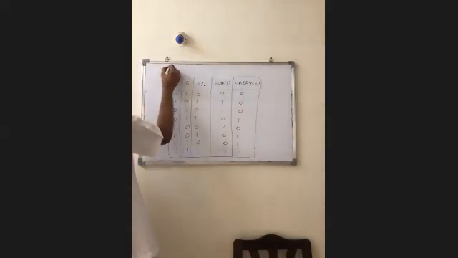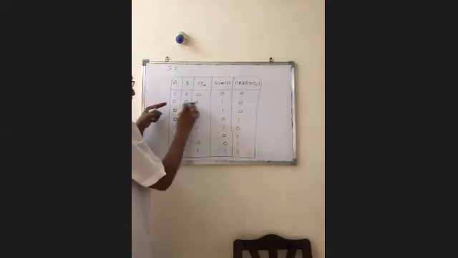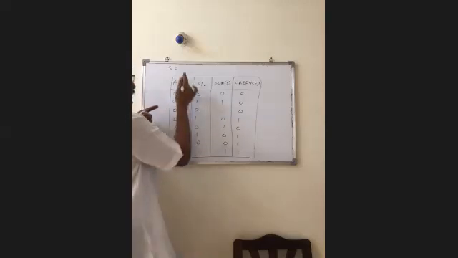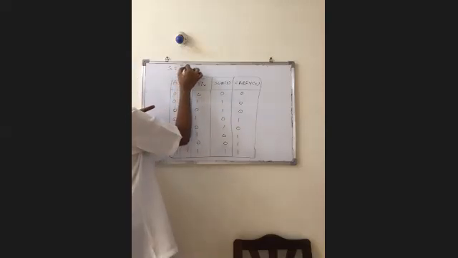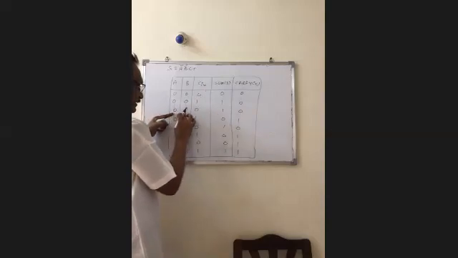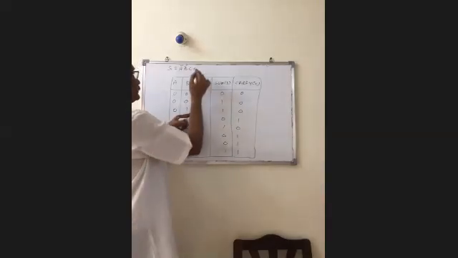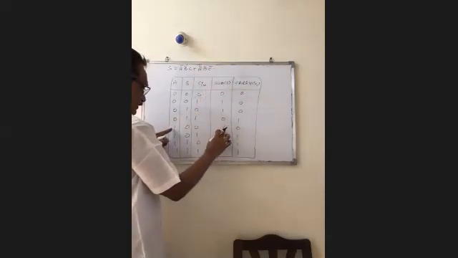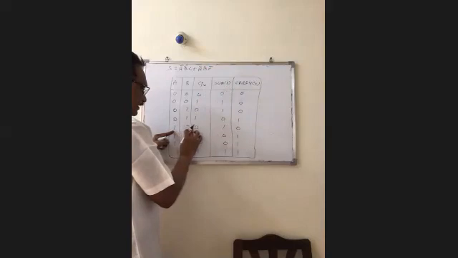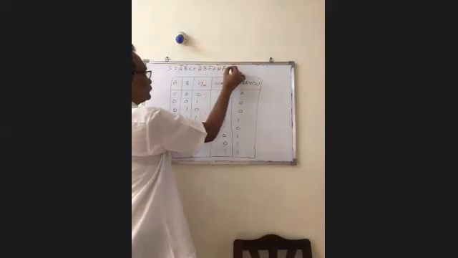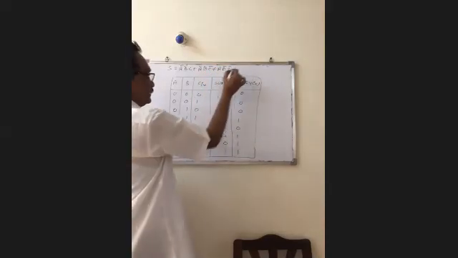Sum S can be written as A bar B bar C plus A bar B C bar plus A B bar C bar plus ABC.